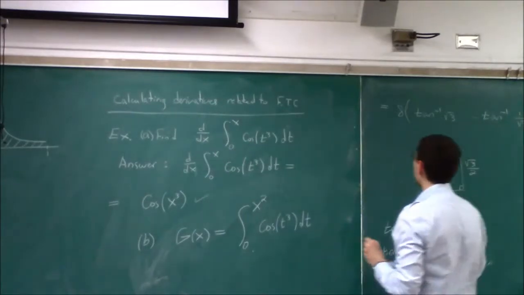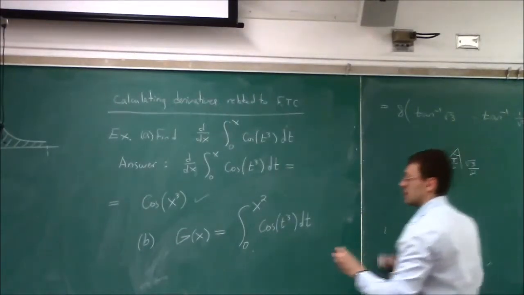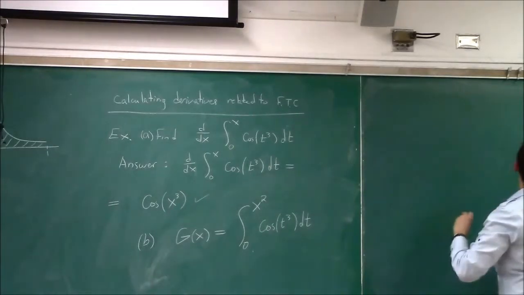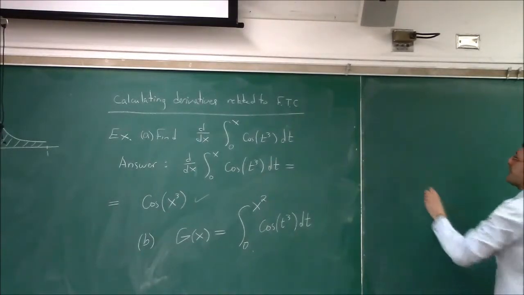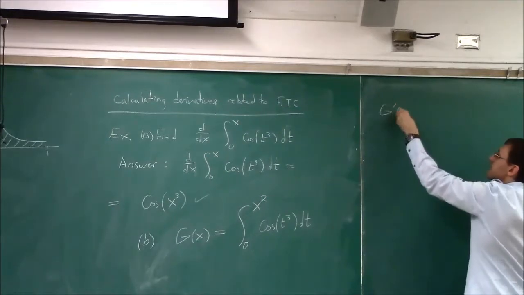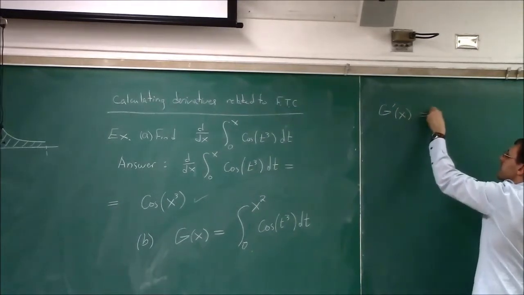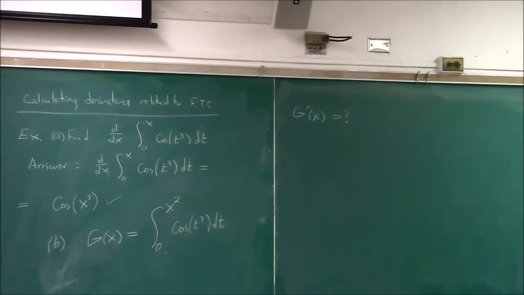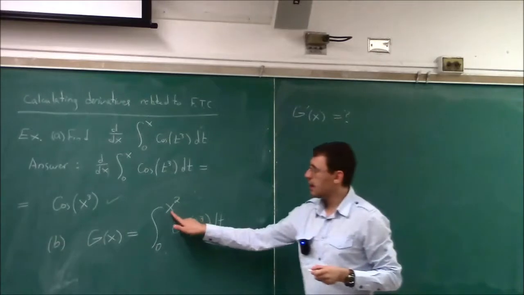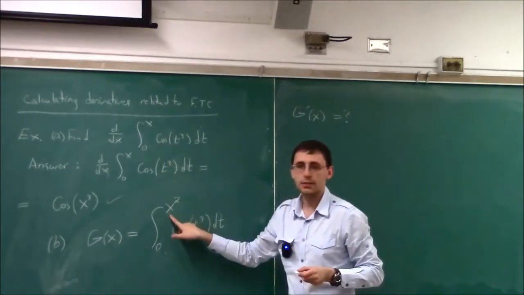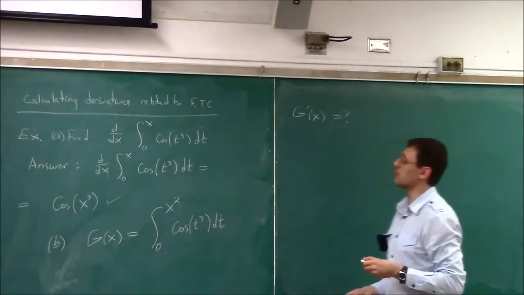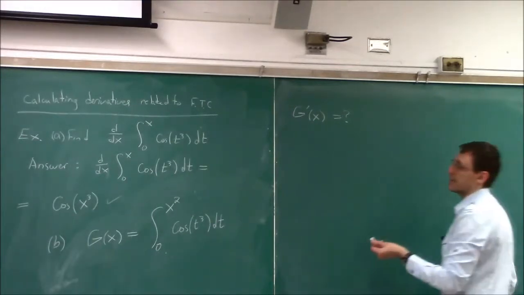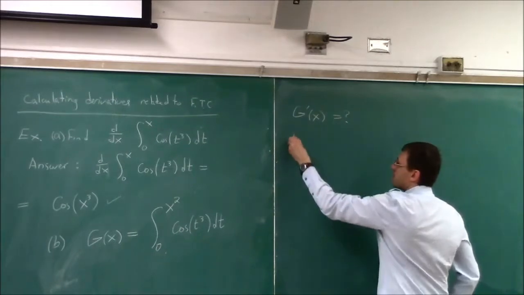What is g prime of x? You see something is different, right? This is x, this is x squared. How do I deal with this new problem? Wonderful. Chain rule, right?